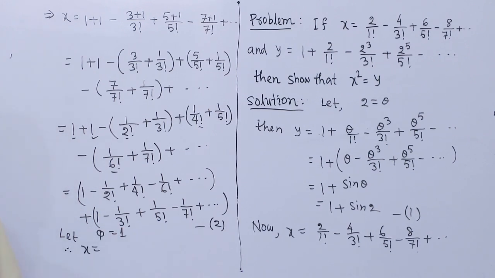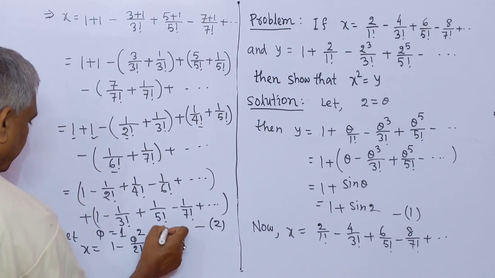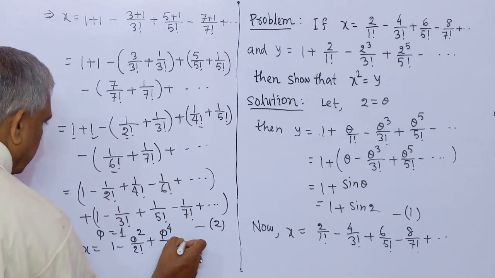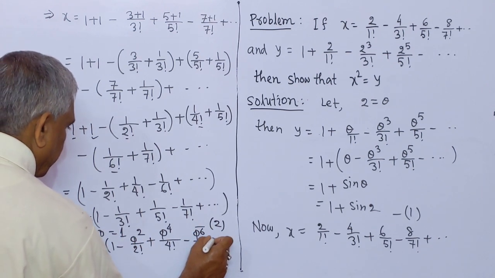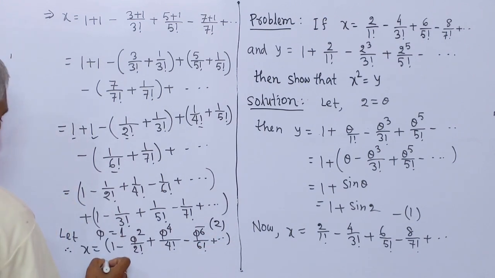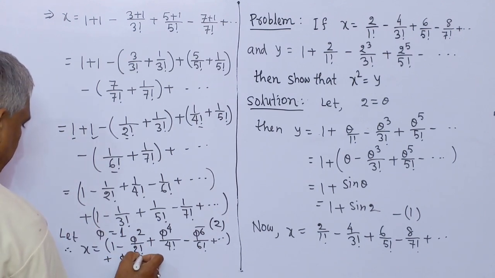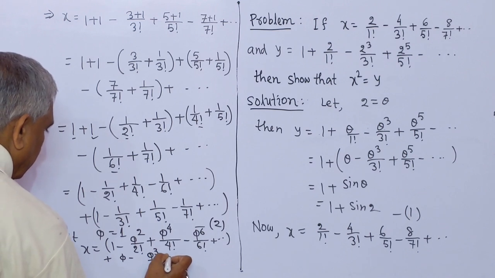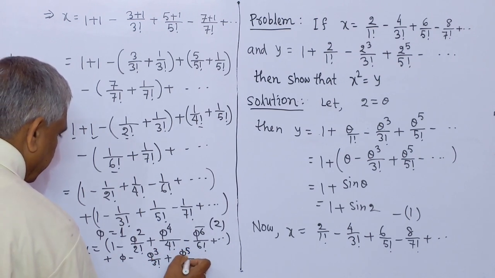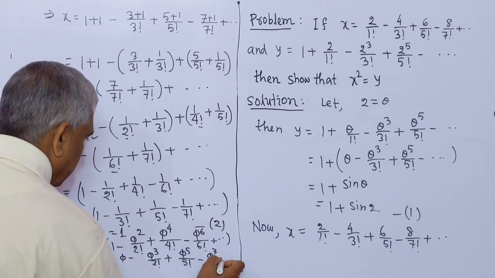Therefore, x will be equal to 1 minus phi square by factorial 2 plus phi to the power 4 by factorial 4 minus phi to the power 6 by factorial 6 plus dot dot dot, here plus, here 1 means phi, minus phi cube by factorial 3 plus phi to the power 5 by factorial 5 minus phi to the power 7 by factorial 7 and plus dot dot dot.